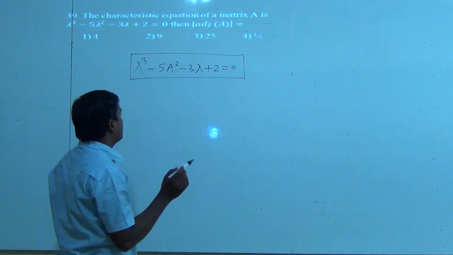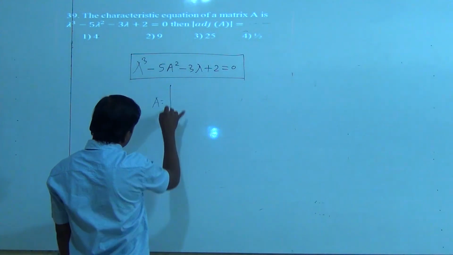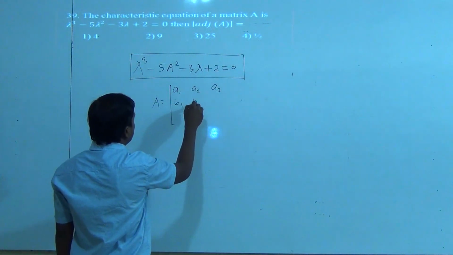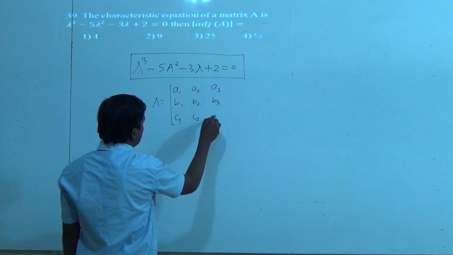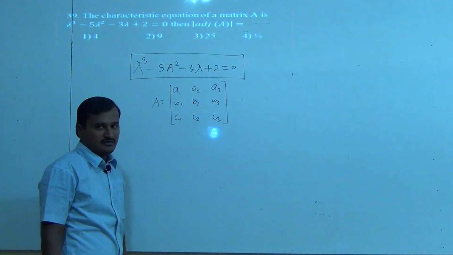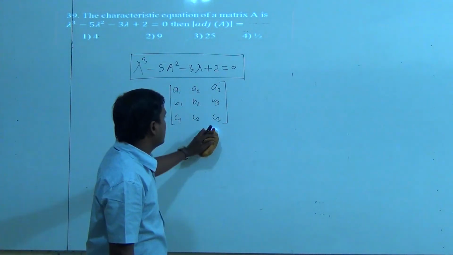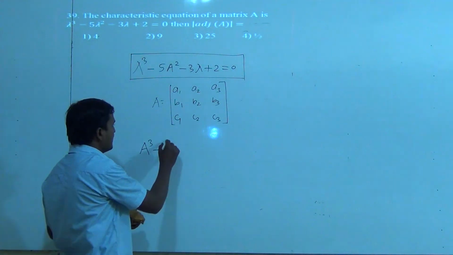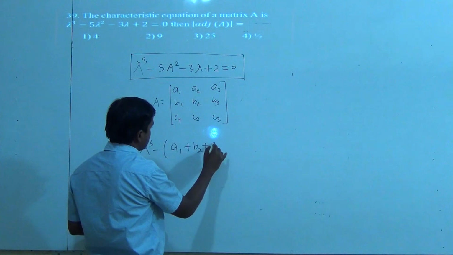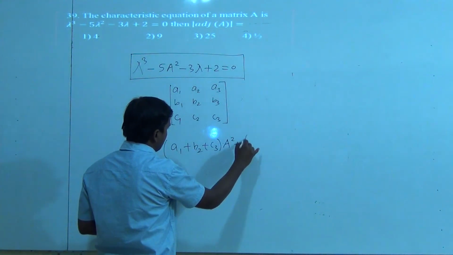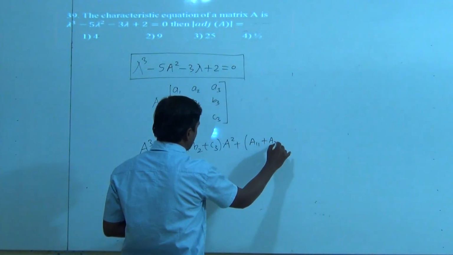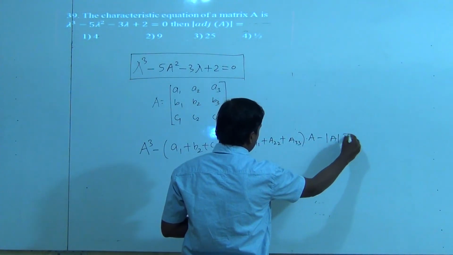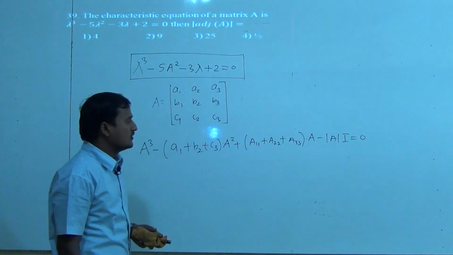If it is a matrix of order 3 cross 3, a1, a2, a3, b1, b2, b3, c1, c2, c3, then we write the equation related to this matrix in this form: A cube minus (a1 plus b2 plus c3) into A square plus (A11 plus A22 plus A33) into A minus determinant of A into I equal to 0.